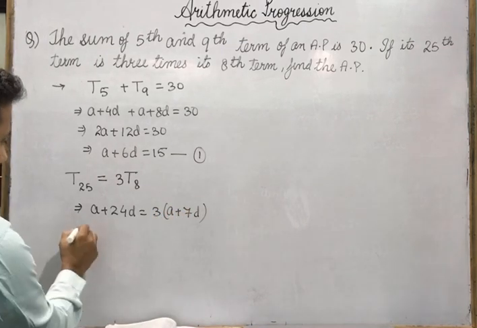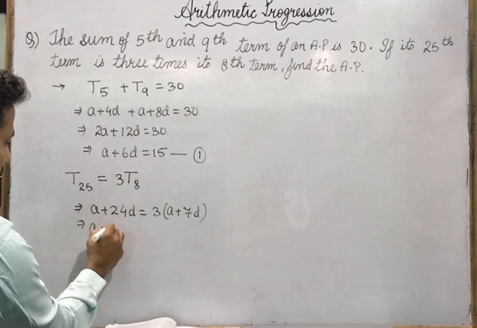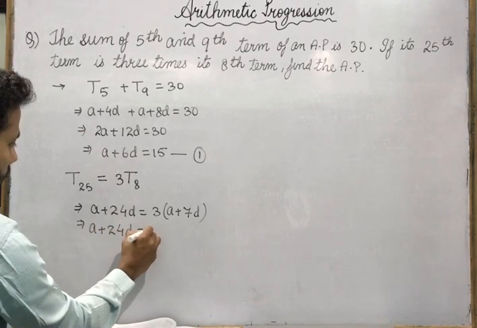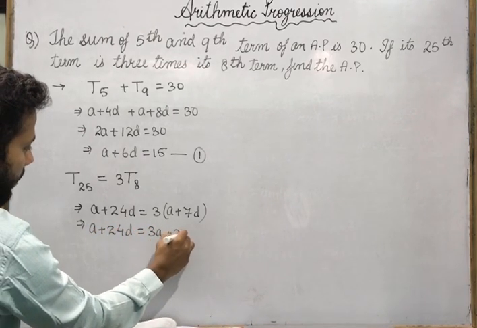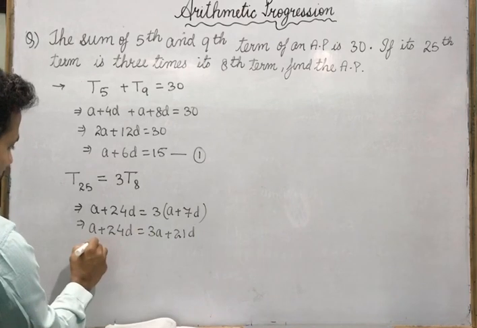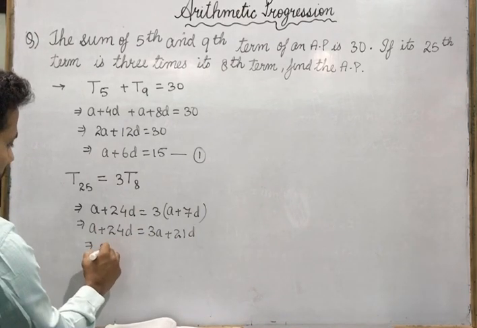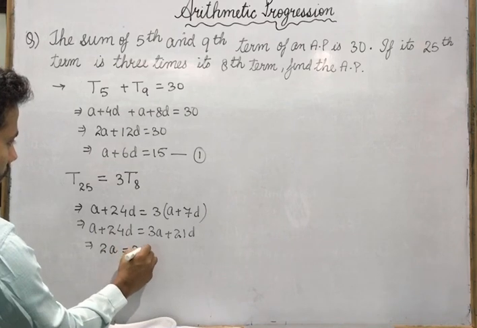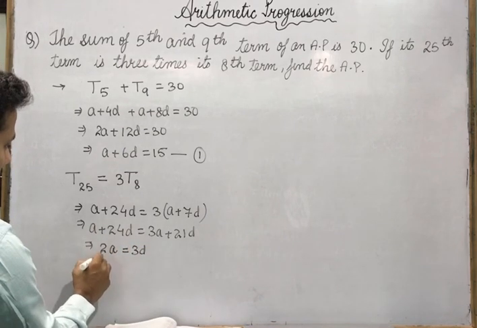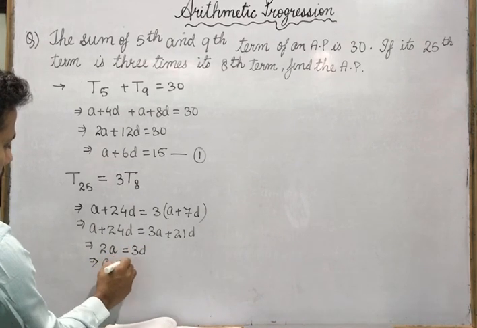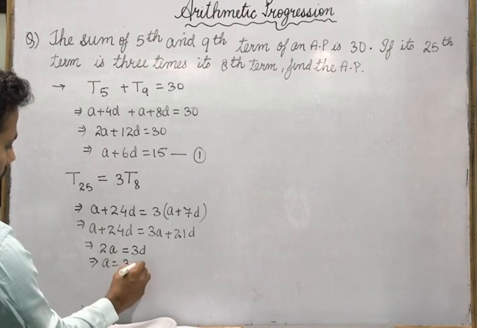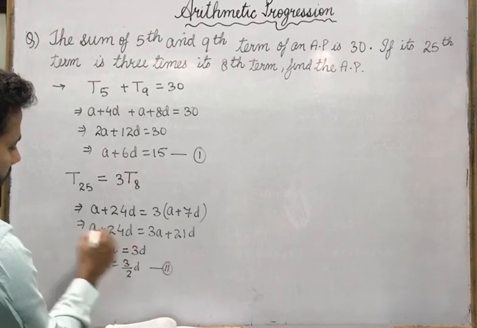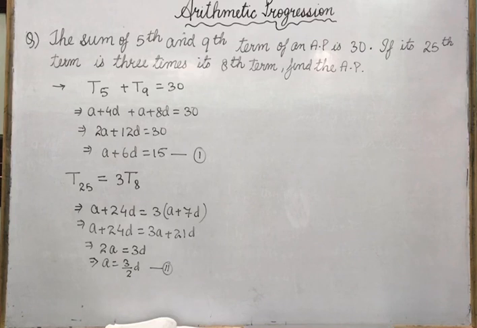So A plus 24D equals 3A plus 21D. When you move it to that side, 2A equals 3D. So A equals 3 by 2 D. Is everyone getting this? Second equation, A equals 3 by 2 D.